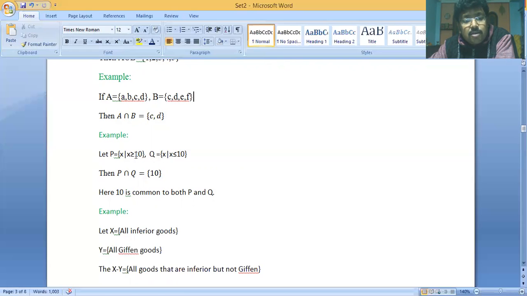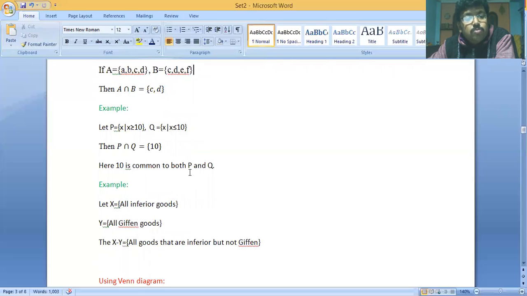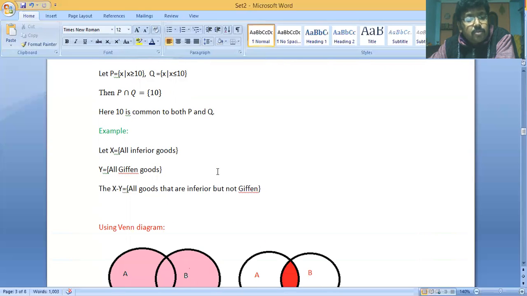Just 10, because P starts from 10, 11, 12, and here X starts from 10 and goes below, 9. So 10 is common in both the sets. So P intersection Q is 10. Here 10 is common to both P and Q sets.